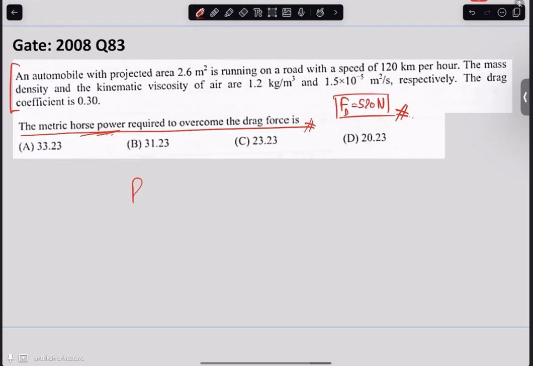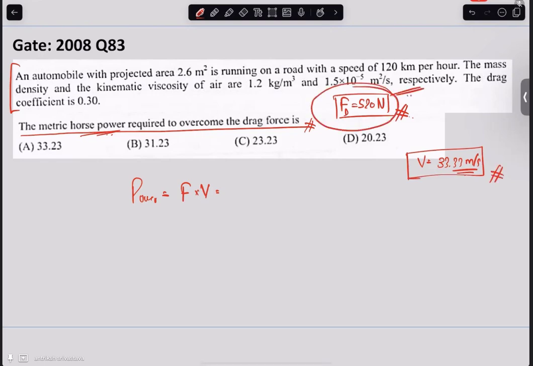So what is the formula for power? Formula for power is force into velocity, right? And what is the velocity? We calculated earlier velocity 33.33 meter per second. So we have to maintain this velocity while experiencing this force. So we have to actually generate this much force. So what is the power required for that? Force into velocity. 520 into 33.33.